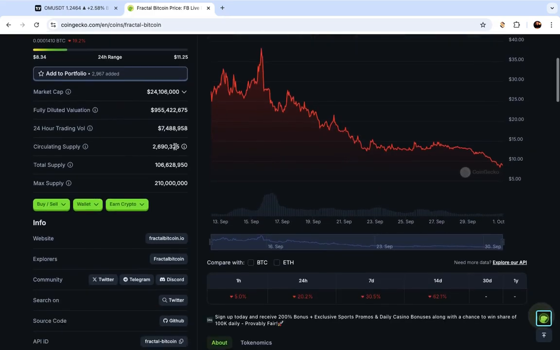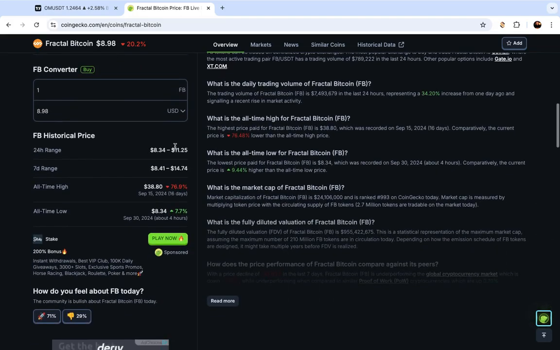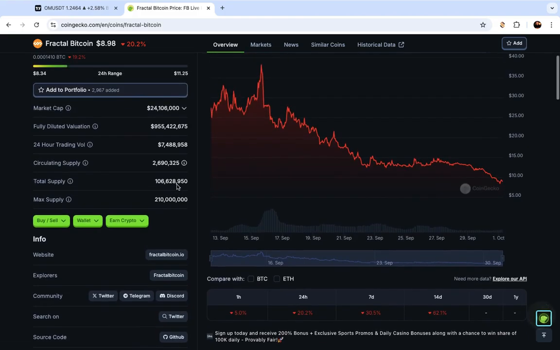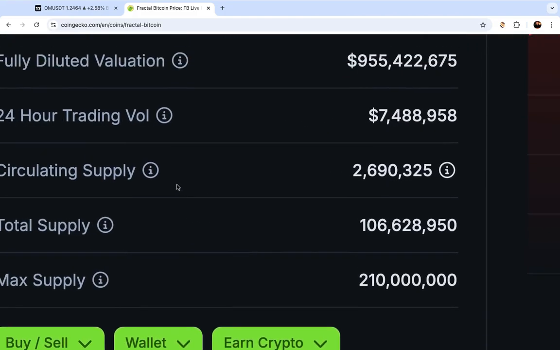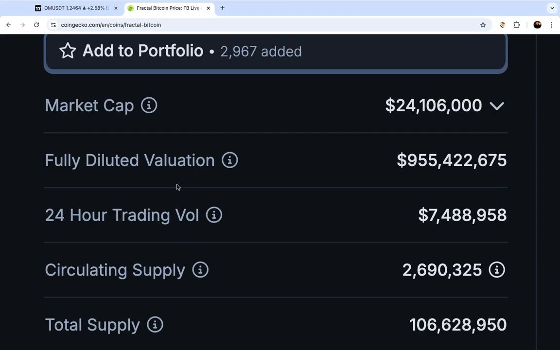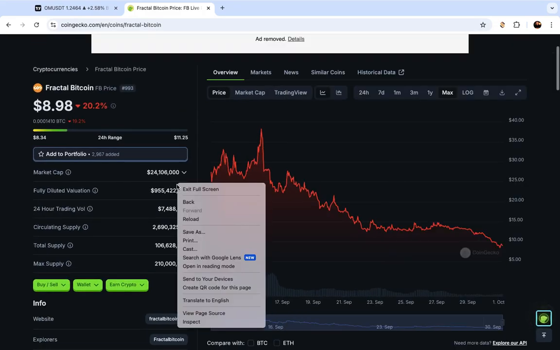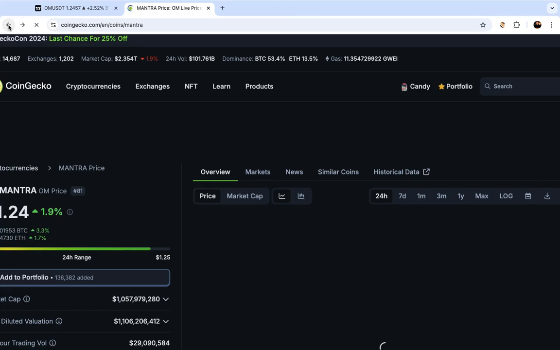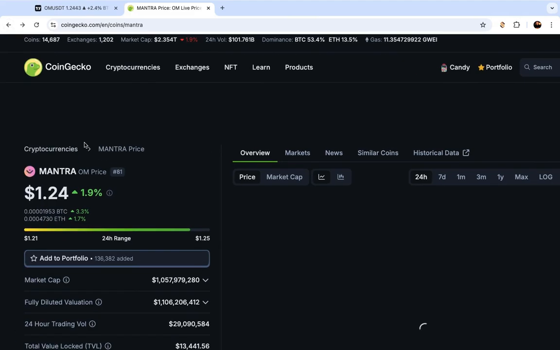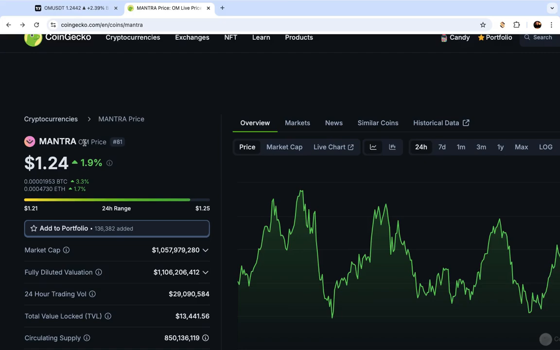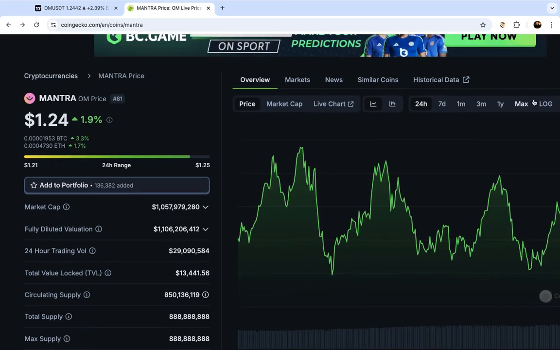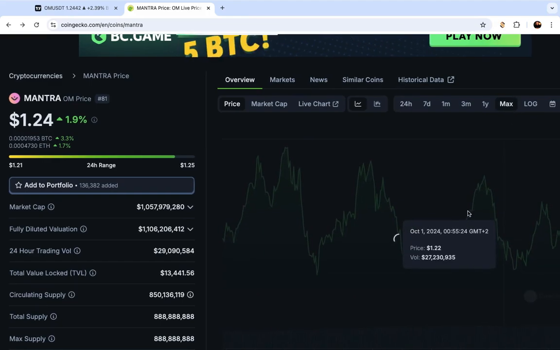That's a drastic drawback. The price has dropped by about 76%, because a lot of people were not looking at the fully diluted valuation. So this is one of the things you have to look out for, and this is one of the reasons why I really believe that Mantra, or rather the OM token, is a very well balanced project that has been in existence for a very long period of time.